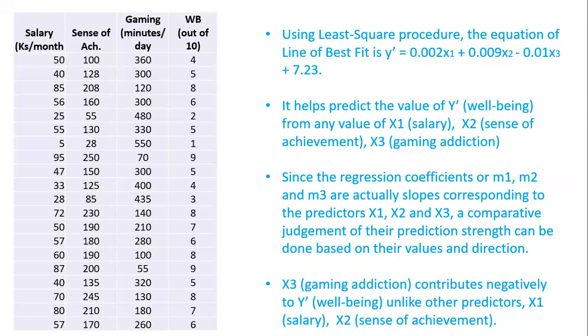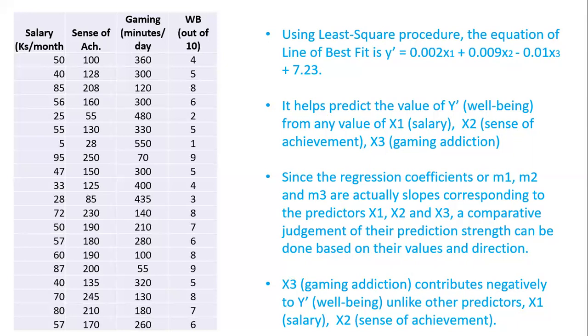So 1 unit change in x1 would mean 0.02 unit positive change in y, and 0.09 unit change in y if we have 1 unit change in x2, that is sense of achievement, but negative 0.1 unit change in well-being, which is perhaps the highest in terms of absolute values of the contributions of the 3 predictor variables for shaping well-being.